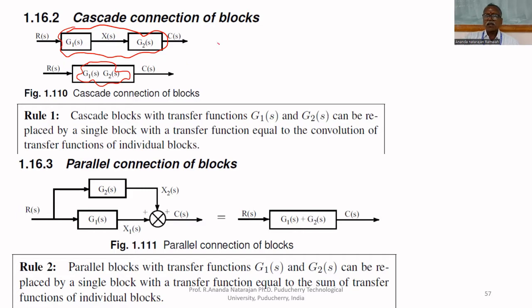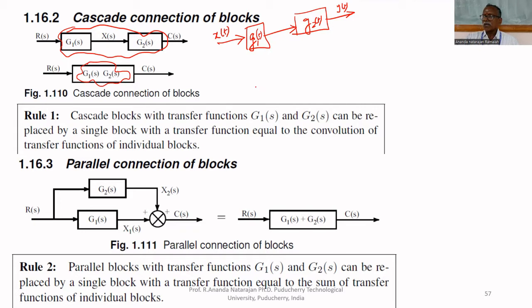If 2 systems are represented in time domain, say G1(t), the output of G1(t) is input to the second system G2(t). The input of the system is x(t), the output is y(t). If you want to find y, you have to convolve G1 and G2.